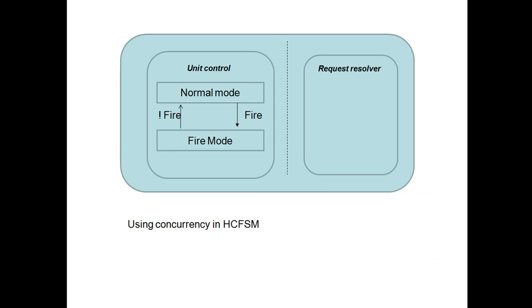Now, this is the use of concurrency in the hierarchical concurrent FSM, where this is the normal mode, this is the unit control, and this is the fire mode, with the request resolver. Let's go to the next slide.